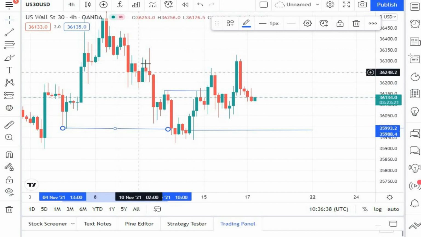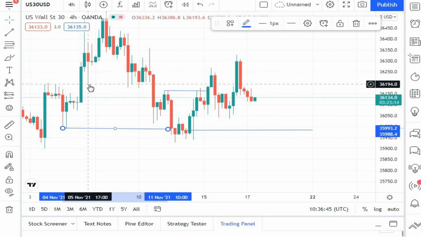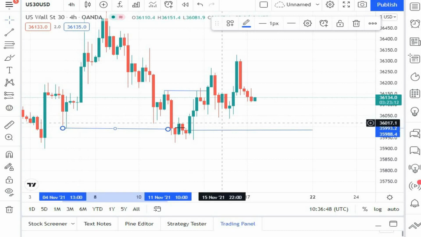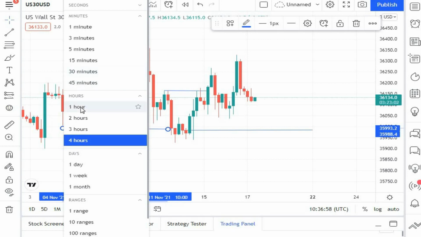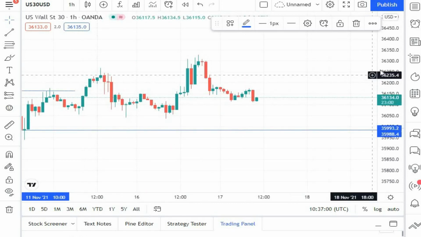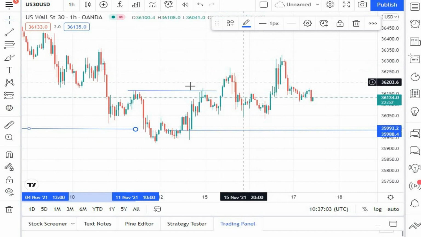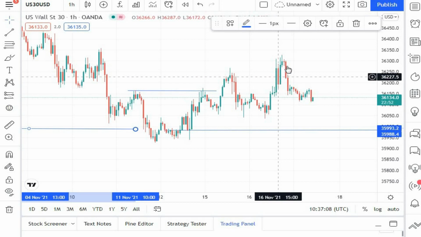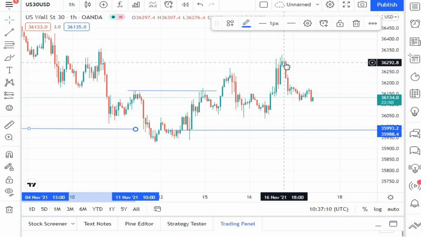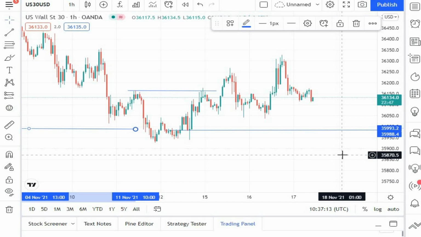But you can see they just came back to the OB which was created here, and this OB was responsible for taking out all those higher lows. So the price had to come back to pick the orders and then go down. So we are still expecting the dealer to go down. If you go to your H1 now, that's where you'll be waiting, and you can see the price took out this higher low. So they may also come back to this OB right there, take the orders and continue going down.